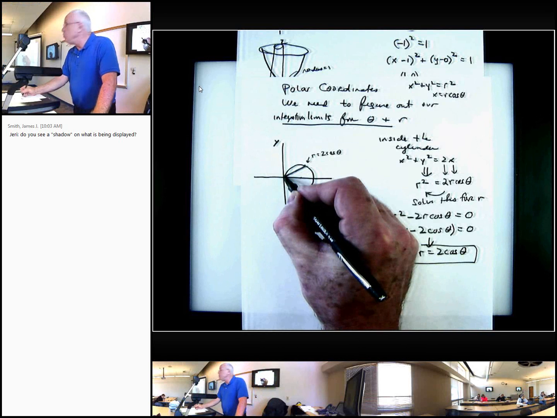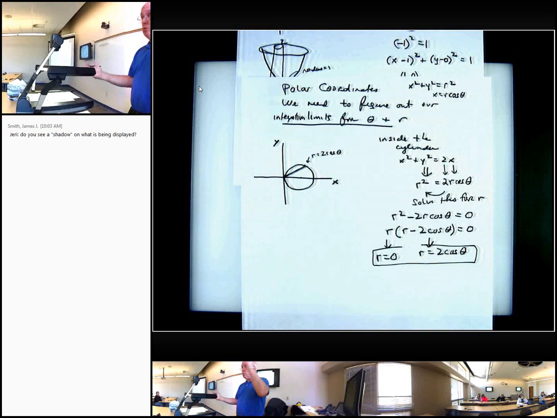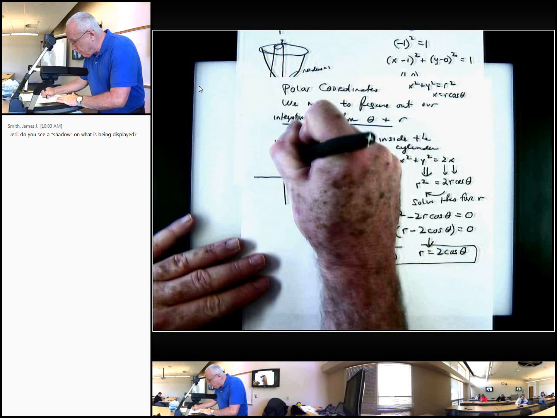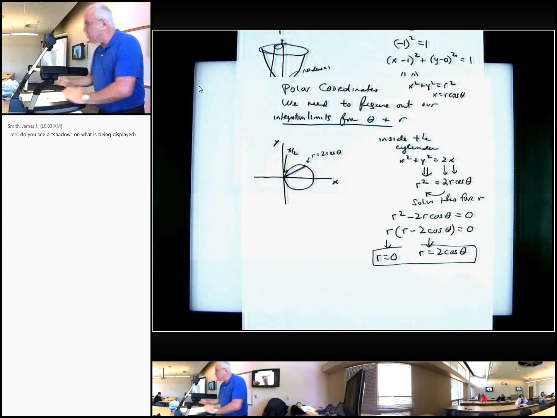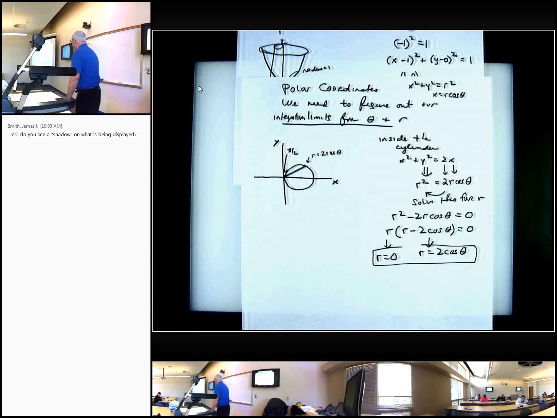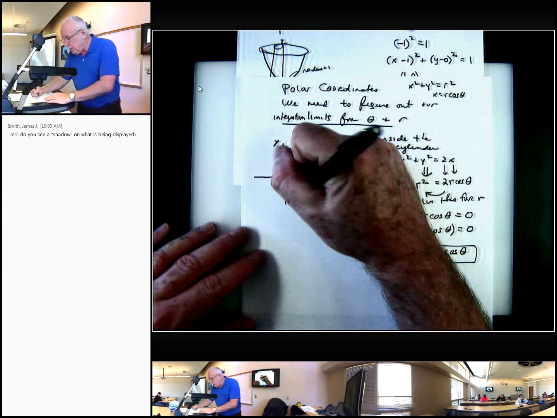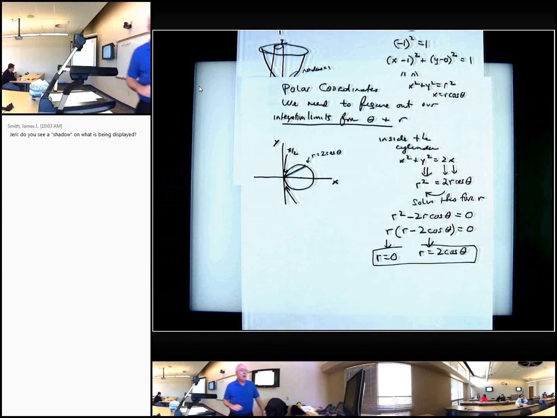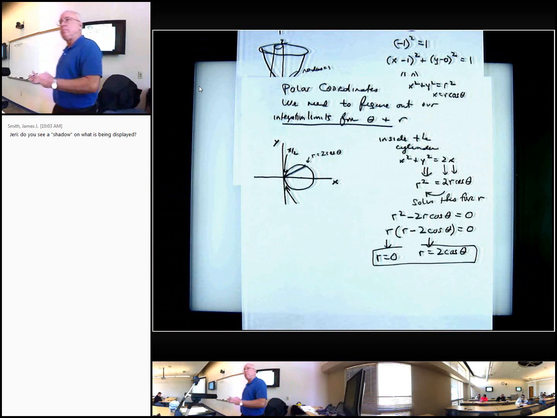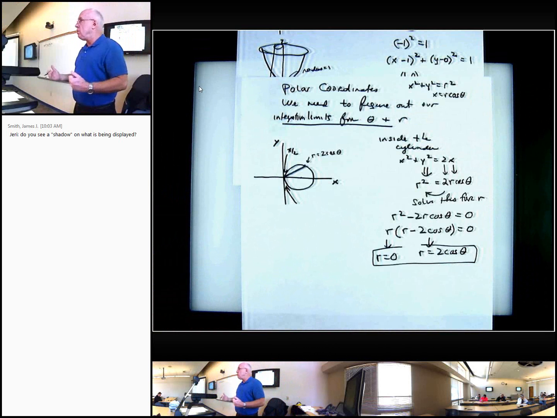Pi over 2, because cosine of pi over 2 is 0. So therefore, an upper limit here is going to be pi over 2. That's where it's going to crash right into the origin again. And then down below here, my other value of theta that's also going to cause r to be 0 is minus pi over 2.